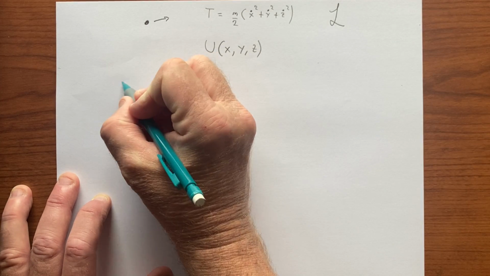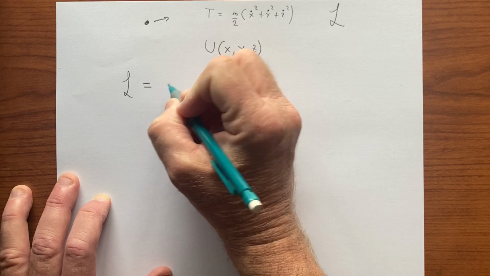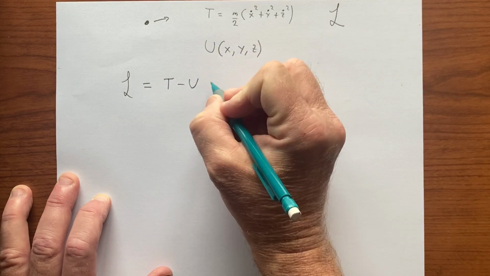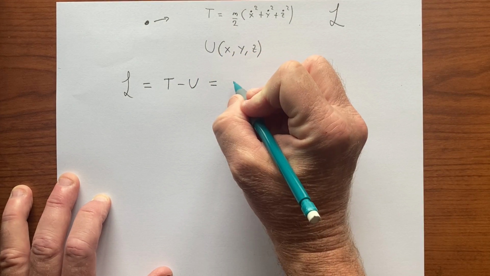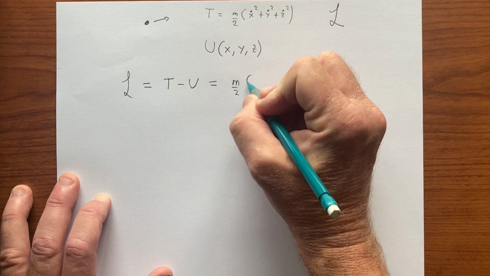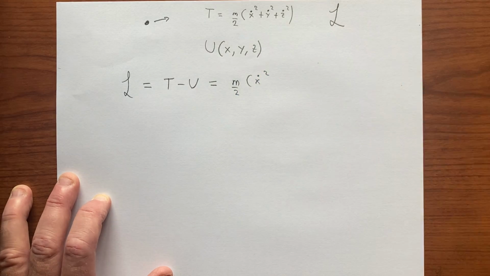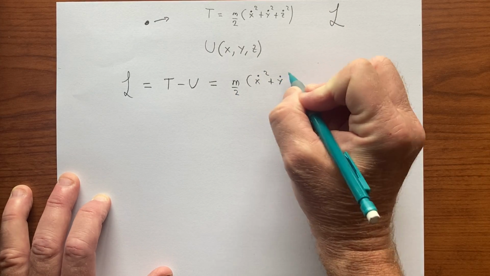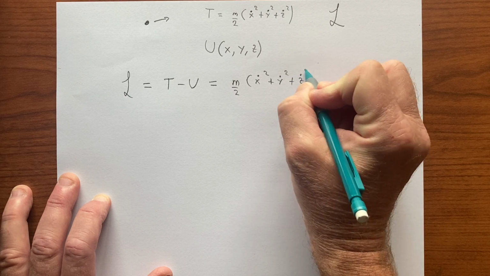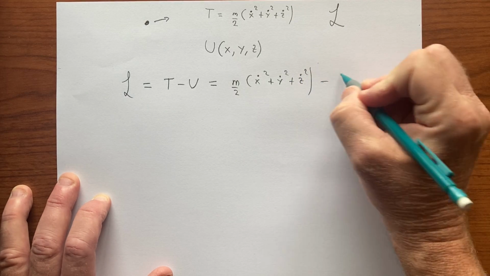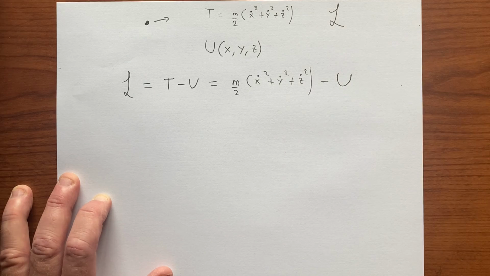And so our Lagrangian is T minus U. In this case, that's m over 2, x dot squared plus y dot squared plus z dot squared, minus this U function.